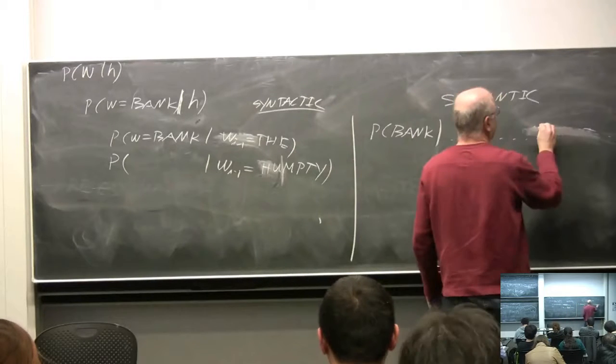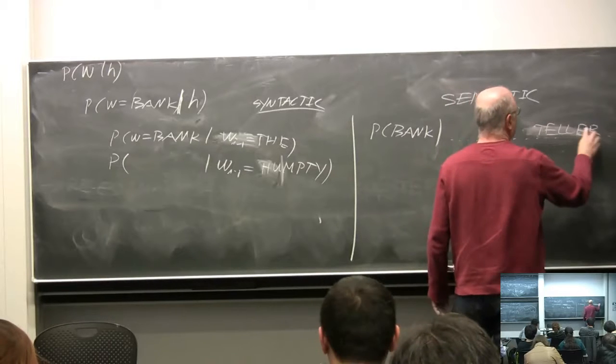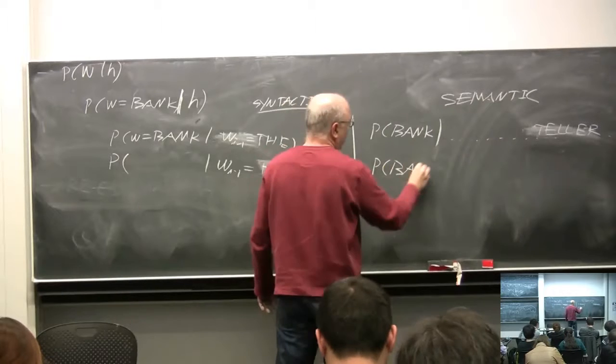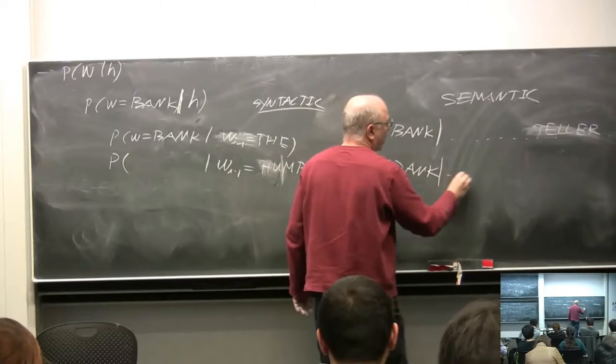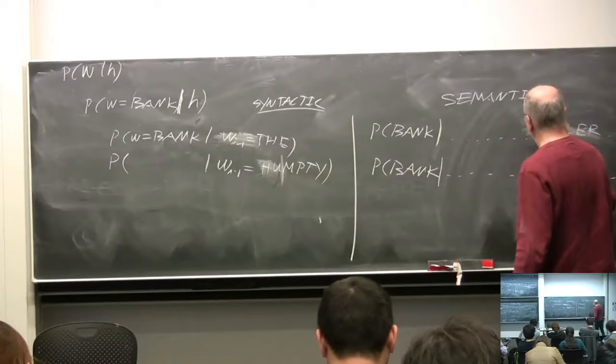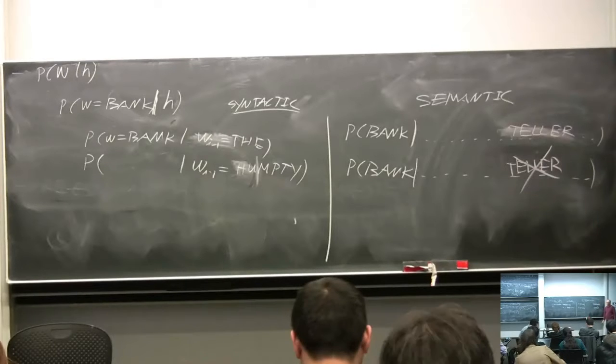Maybe teller is nicer. And I want to contrast it with the same probability of the word bank, given that I'm told that the word teller definitely did not occur in the history.